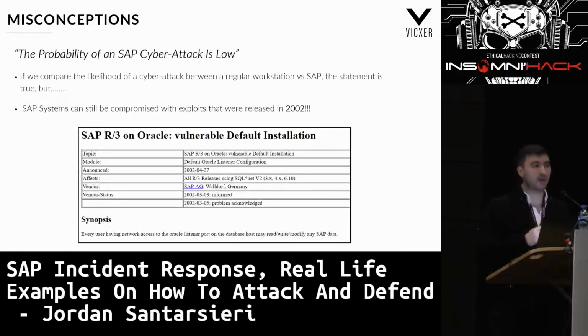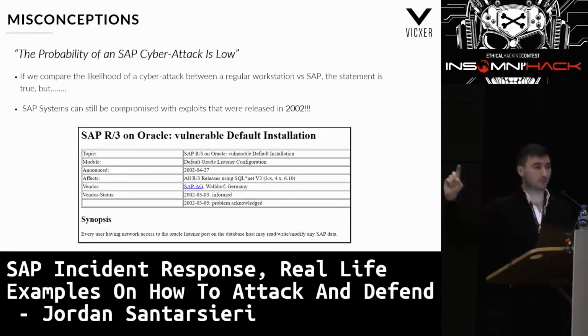So as I was saying, every time someone says, yeah, SAP cyber attacks are not really a thing, the probabilities are really low. Well, they're lower in comparison to other technology, but there is something that happens in SAP that is incredible. Look at the picture that I have out there. What you see there is a vulnerability from 2002. It's a vulnerability in how SAP interacts with Oracle databases.